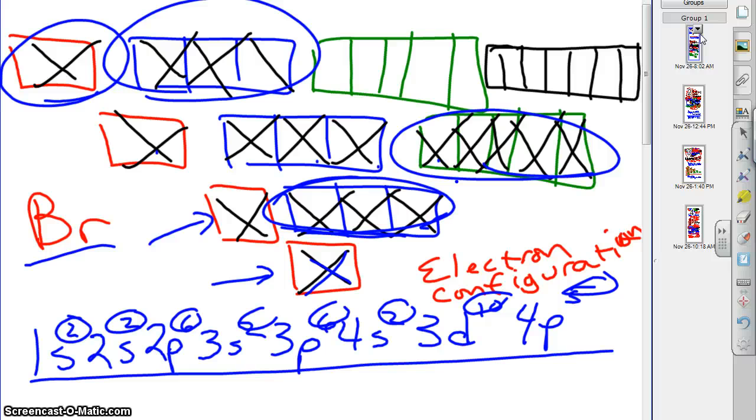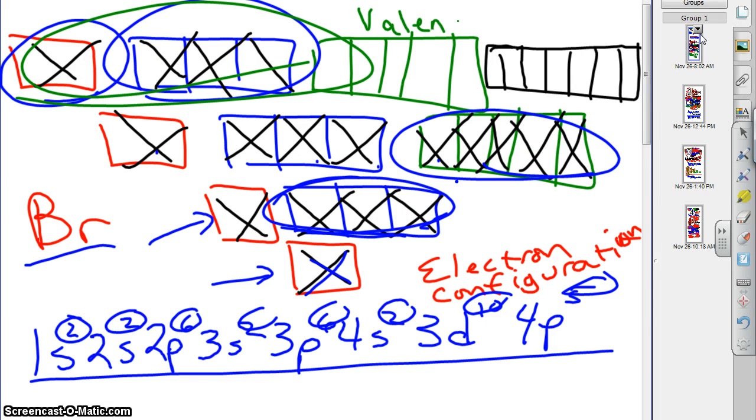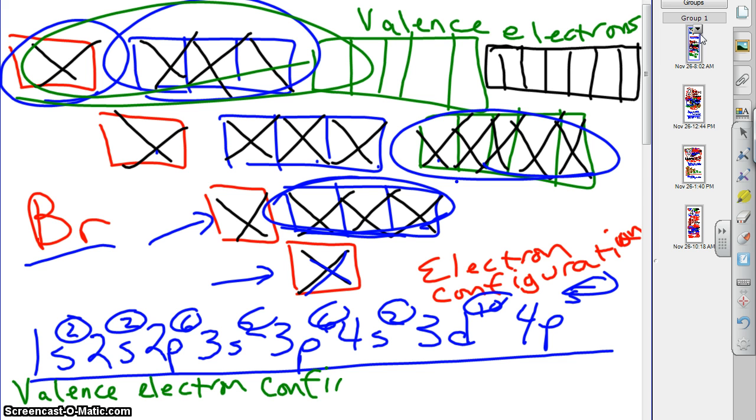Finally, these highest level electrons up here, if you saw the last video, those are called valence electrons. And so we can actually do something else called the valence electron configuration, which is exactly the same thing as we just did, with the exception that we ignore anything that is not a valence electron.